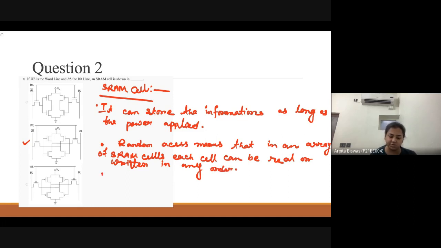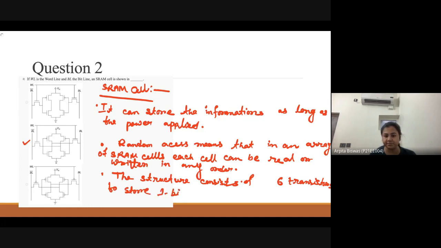And the next point is the structure consists of six transistors to store 1 bit of information.